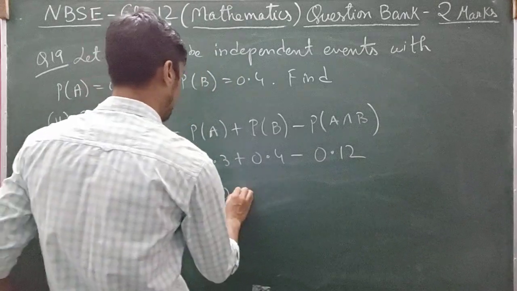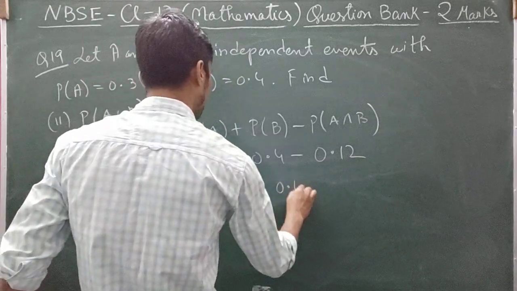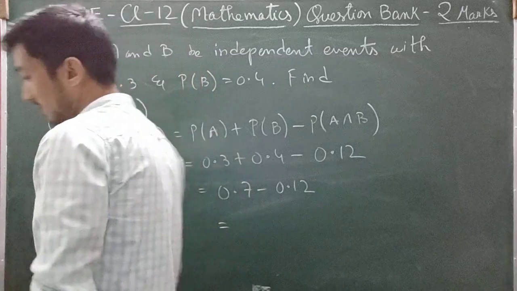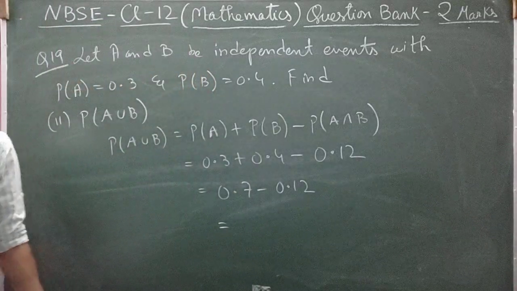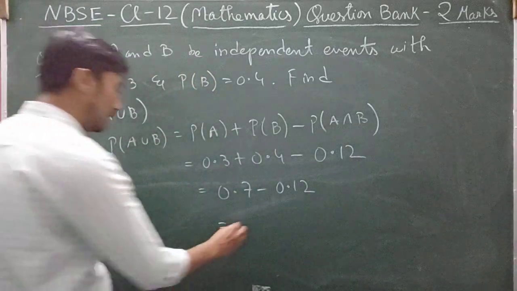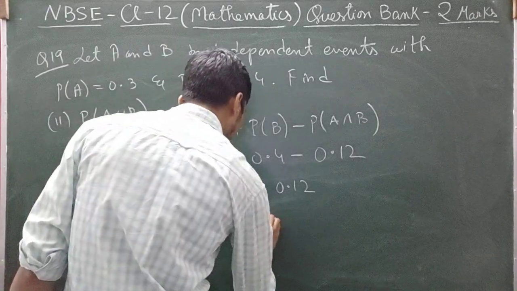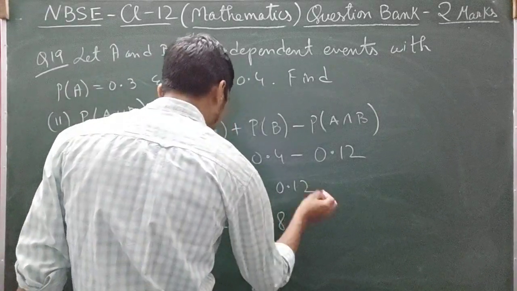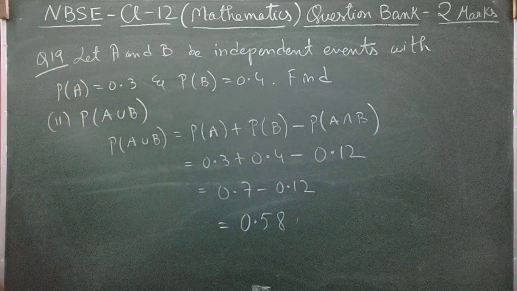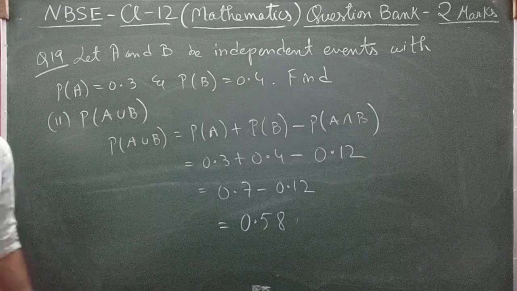So that's 0.7 minus 0.12. I guess 0.58. Because they are independent.